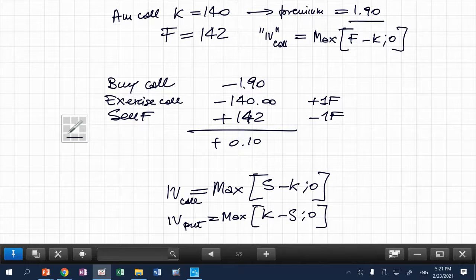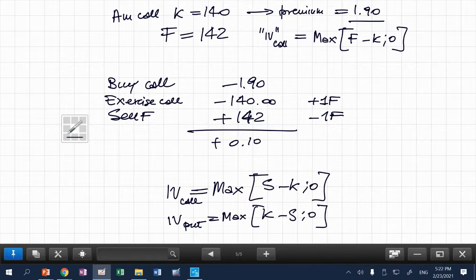If you define it in this way, it is a concept that has some value for American options. It is the idea of a minimum that you can get for American options if you exercise instantaneously. But in this way, it has no sense, for instance, for European options, okay? Because S minus K is not something I can actually realize.